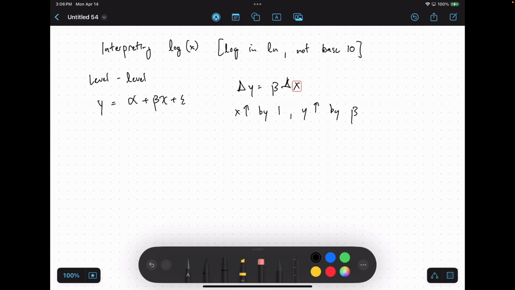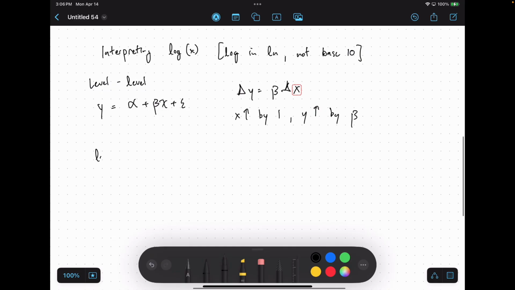Now, how would you interpret this if a variable were actually transformed by log? In other words, you have an exponential sort of data set and you linearize it by taking the log, right? And so you would have ln, this is called log-level.